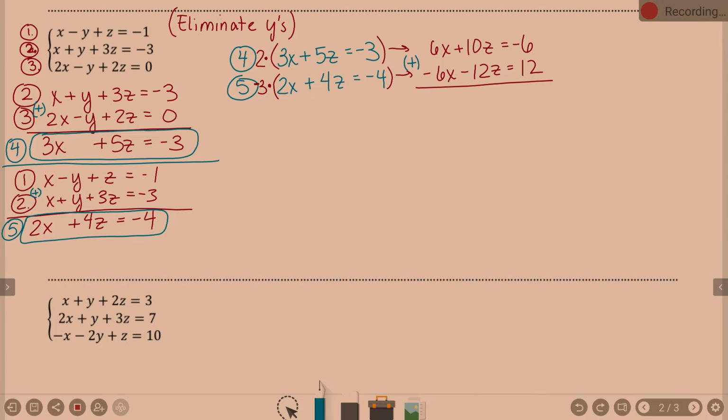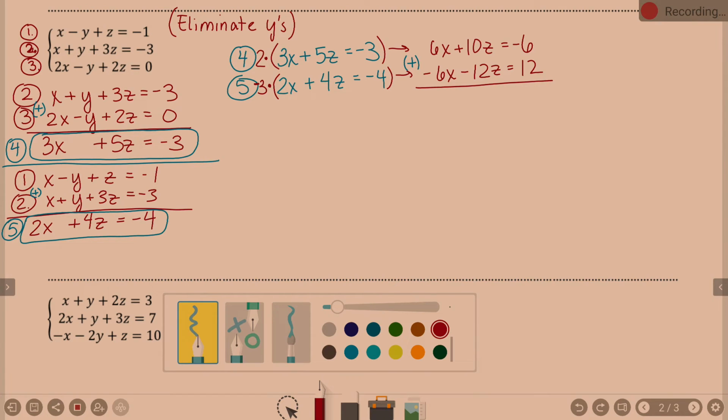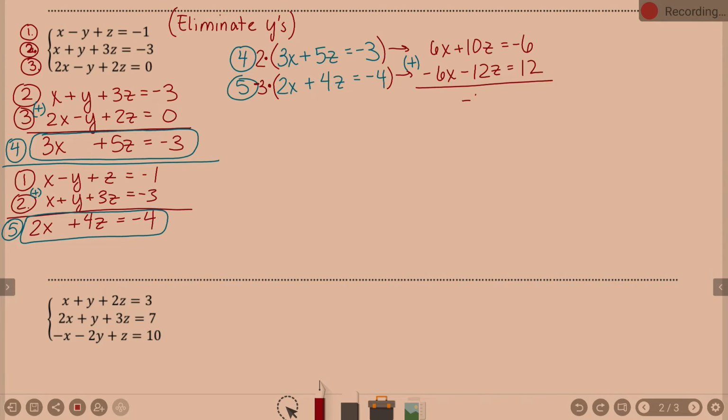So we're going to add. 6x plus -6x cancels. 10z plus -12z is -2z. -6 plus 12 is 6. Do you see where to go here?